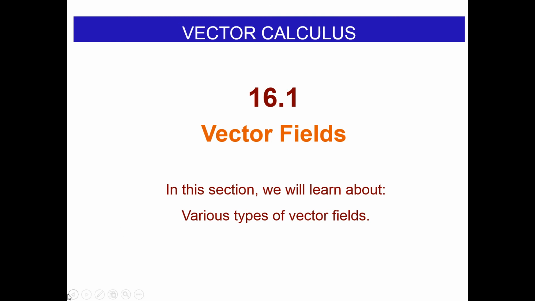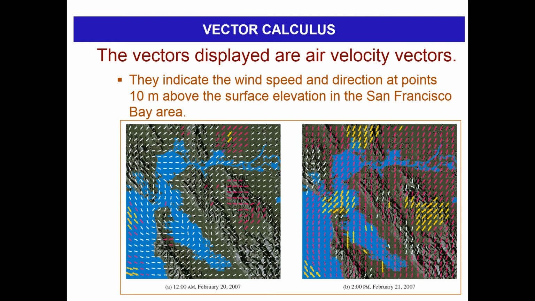In this section we'll learn about various types of vector fields. So first of all, let's have an idea about vector fields. You can see a cluster of vectors in both figures, and these indicate the wind speed and direction at different points 10 meters above the surface elevation in the San Francisco Bay Area.